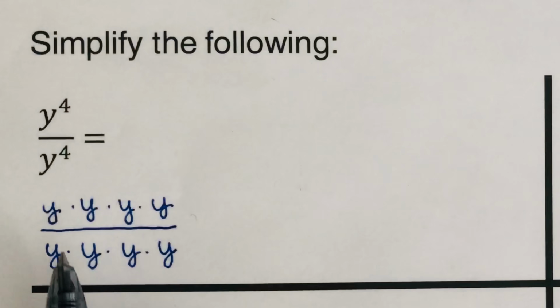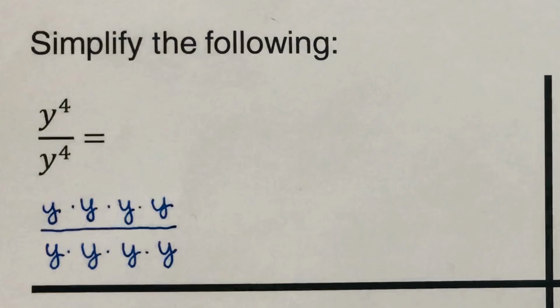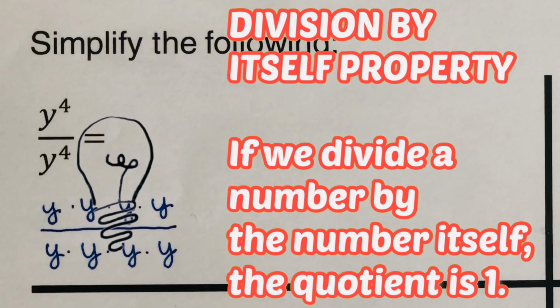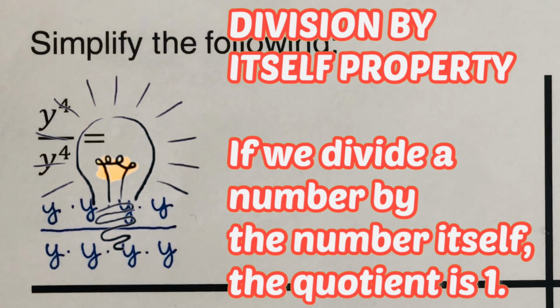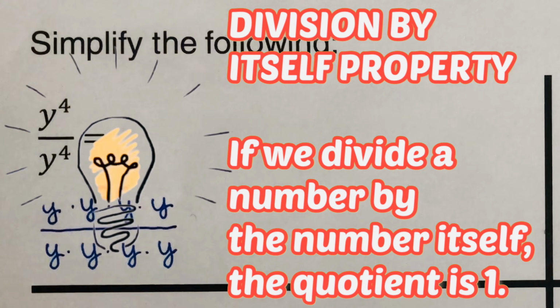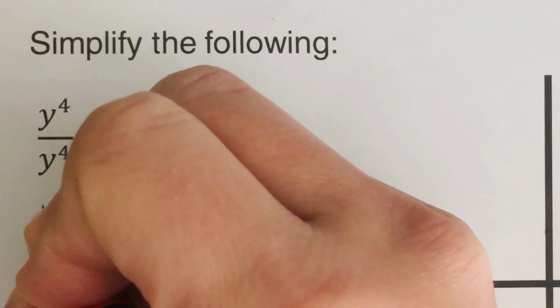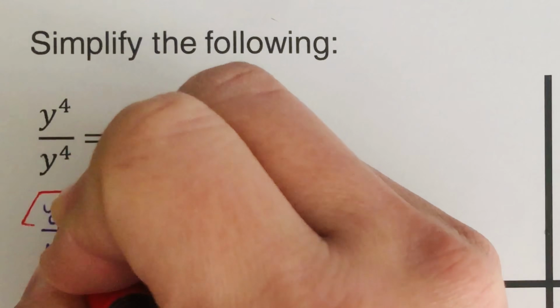Okay, so I have 4 y's on the numerator and 4 y's in the denominator since it is raised to the power 4. Now, what we are going to do next is remember the division by itself property. This property tells us that if we divide a number by itself, then the quotient is 1. So we can label this, since this is a y and this is a y, this is actually equal to 1. So I can write a giant 1 on here.